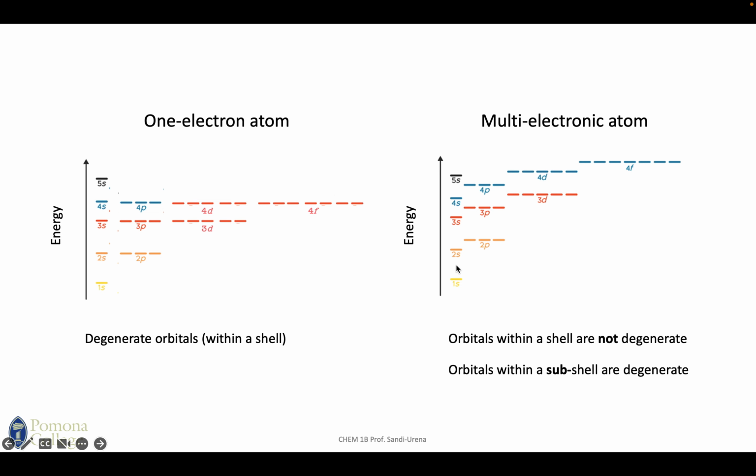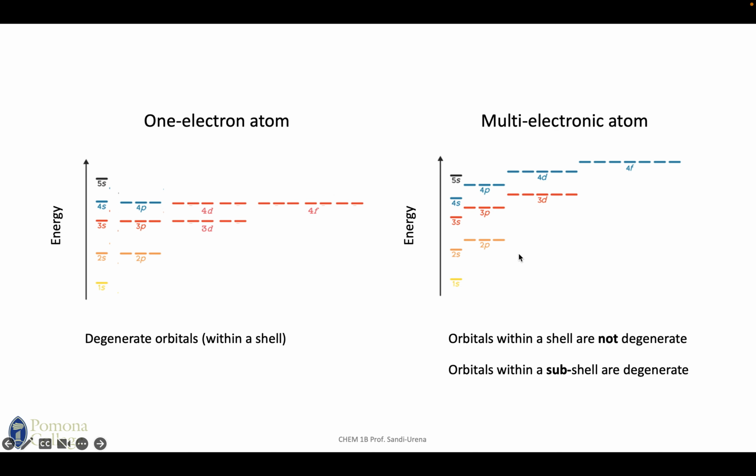Not all of the orbitals for a given n value will have the same energy. That is, they will not be degenerate. So instead of being at the same height in the energy diagram, the 2s and 2p orbitals are at a different energy. 2s is lower in energy than 2p.